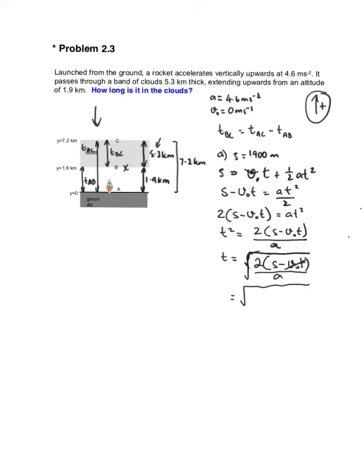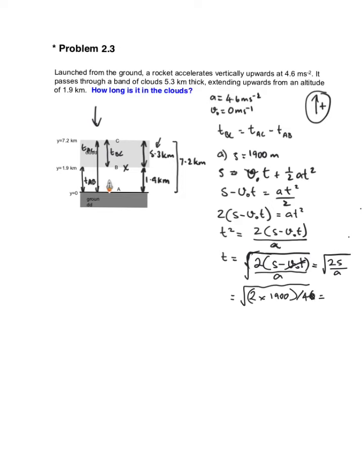So it's just T equals the square root of 2S over A. That's 2 times 1,900, divided by A, which is 4.6.